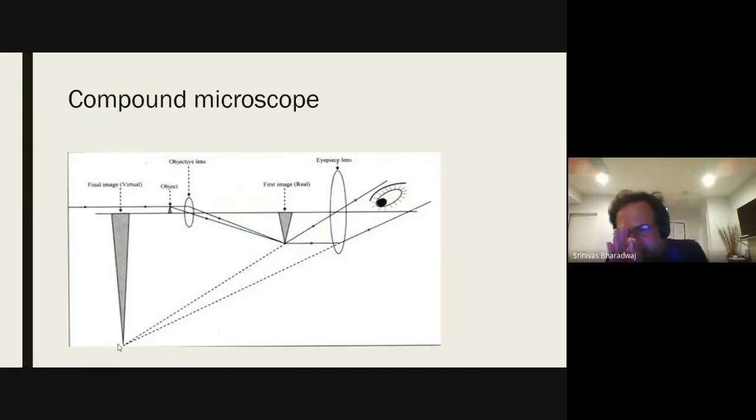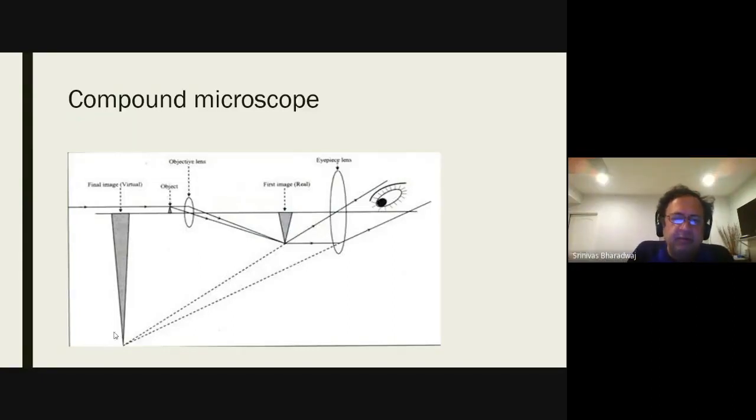So it is very close to the eyepiece, and then that will get immensely magnified. The final image is a virtual image. The first image is a real image. Therefore, you will get to see a very big virtual image, which is the aim of the compound microscope, right?